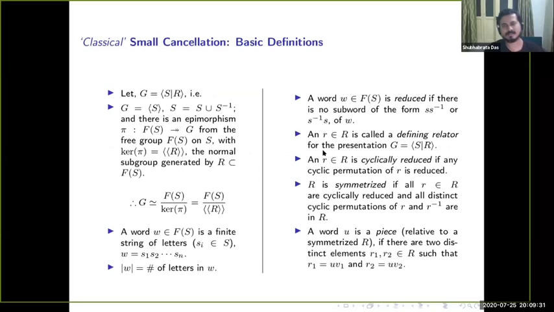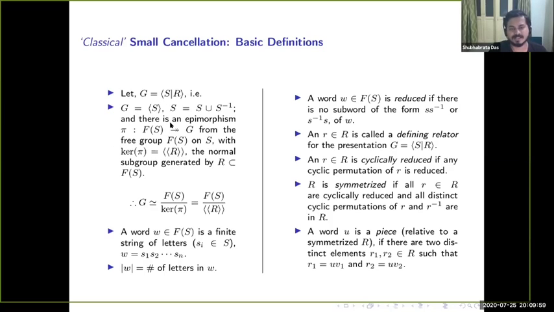So let's get started. Here we have a group G with a presentation, where S is the generating set. We have not mentioned finite or infinite here, but for most cases we will stick to finite presentations, S and R both finite, and we will mention where it is otherwise.